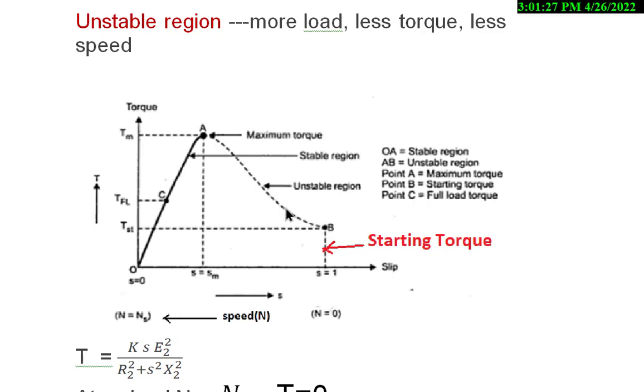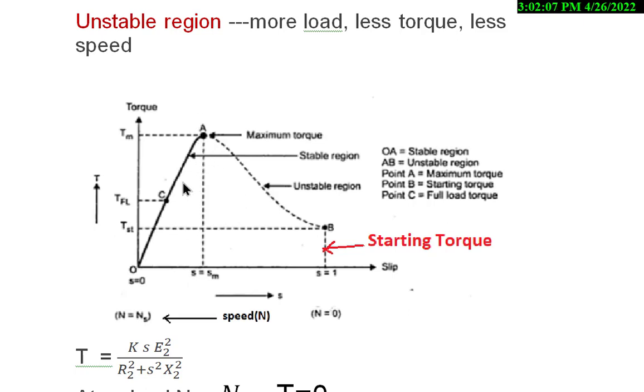So look at this. This is the region of slip more than 5%. The high slip characteristic is shown with the dotted lines like this. Here there are two regions.